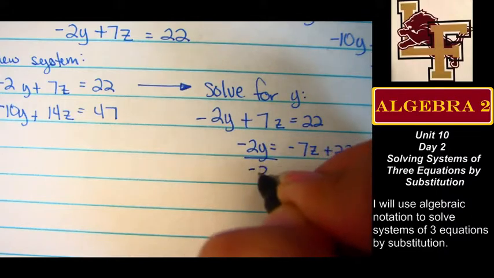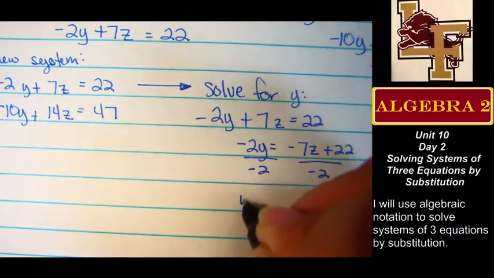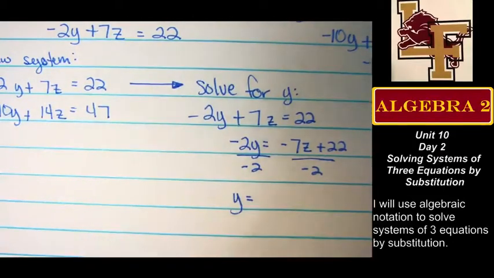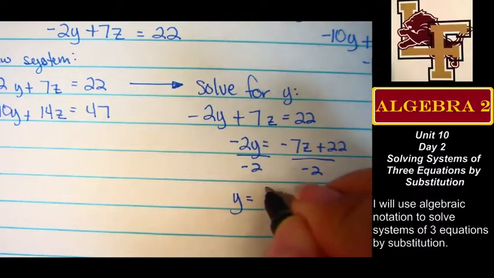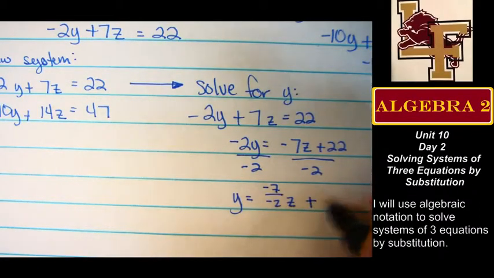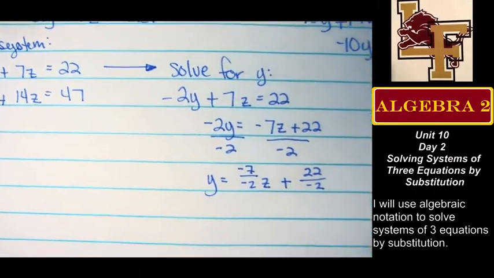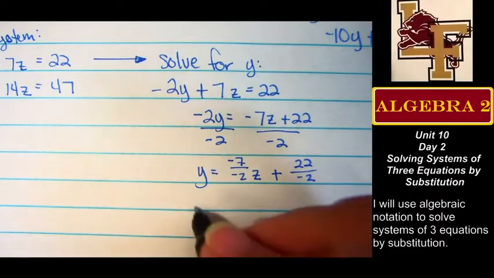Then I'm going to divide everything by negative 2. Now I see this huge fraction. I don't want to deal with that. So what I'm going to do is split up that division this way. And now I can handle each fraction separately.